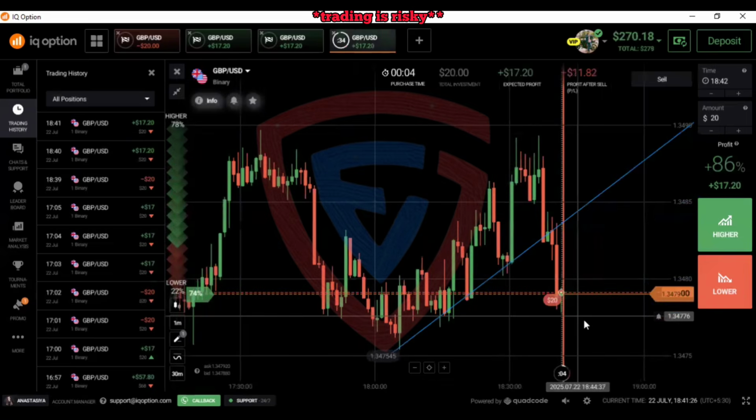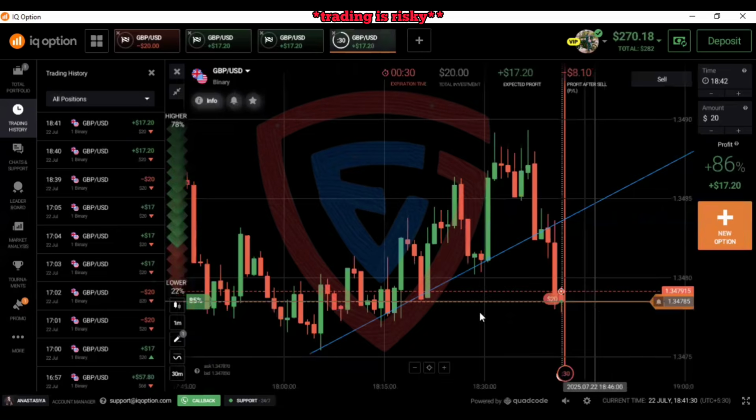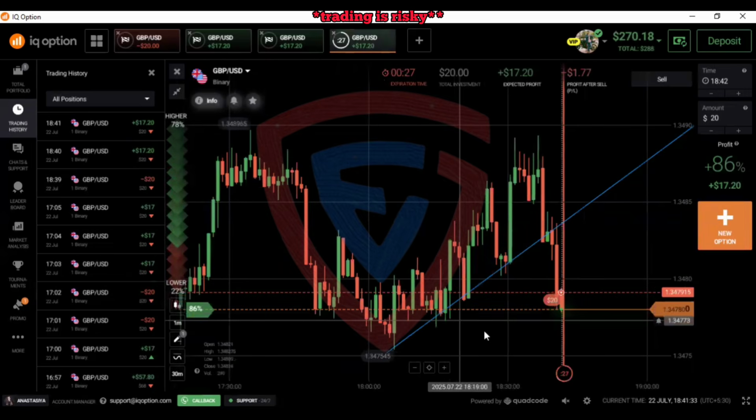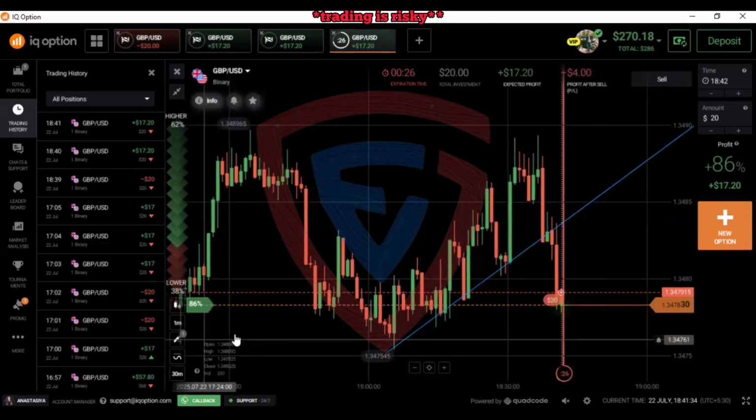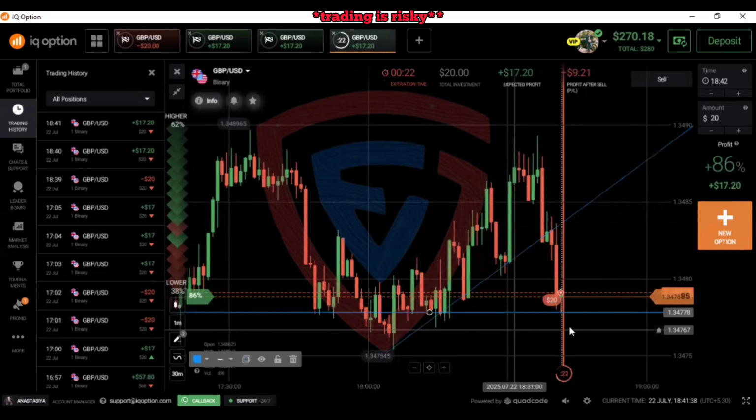I placed a lower option trade because the candle is very strong compared to the previous candlestick and the next level is here. So we should not go with buyers here directly because it didn't reach the level. Now it reached the level.